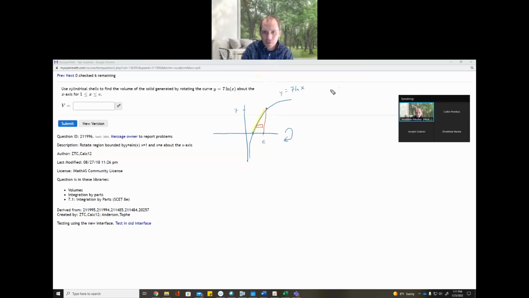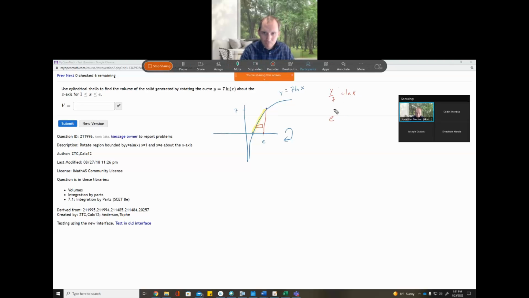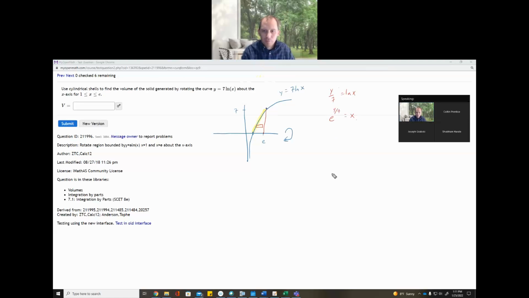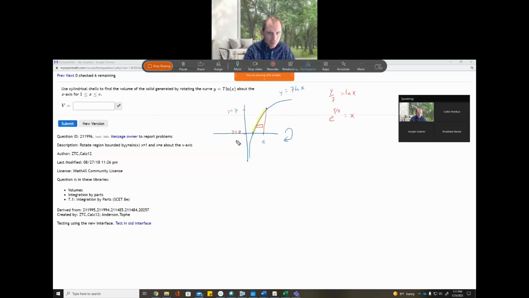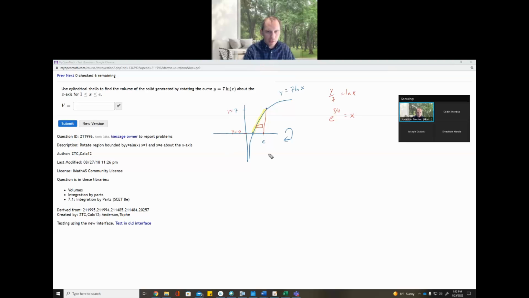I'm going to solve for x. So y over 7 equals ln of x, and I take e to the power of both sides. Okay. So now I have x as a function of y. And my y values are going to go from y equals 0 to y equals 7 instead of from x equals 1 to x equals e.